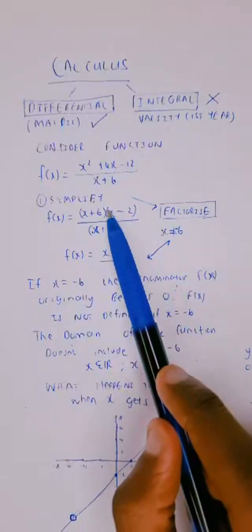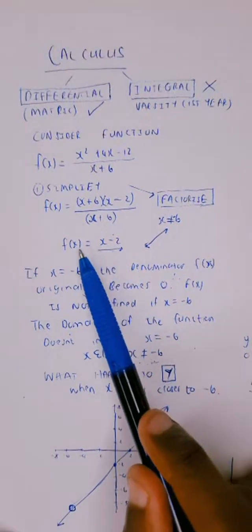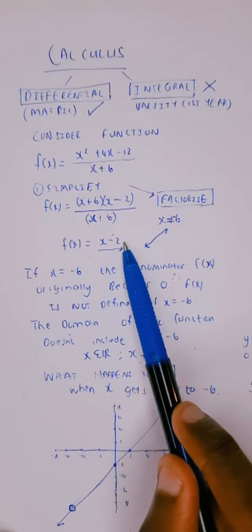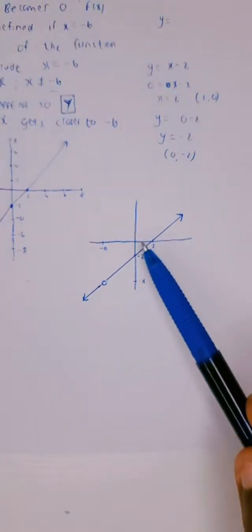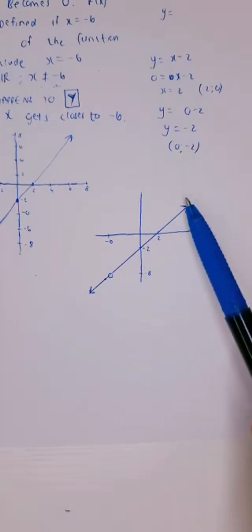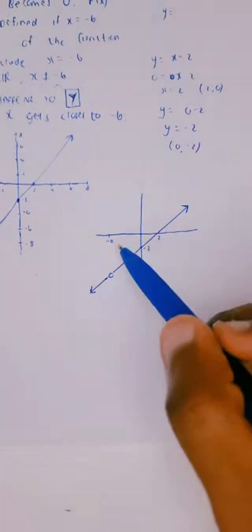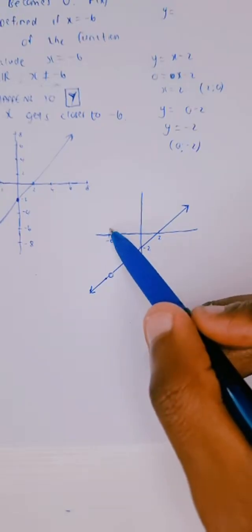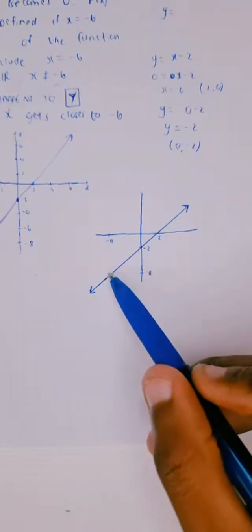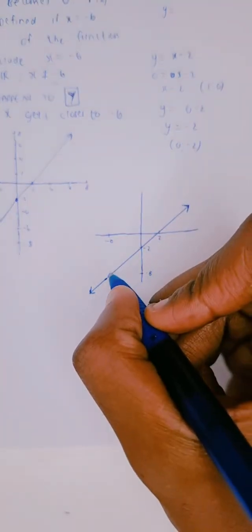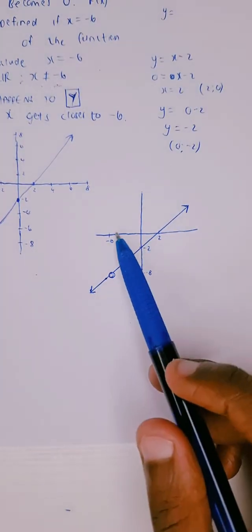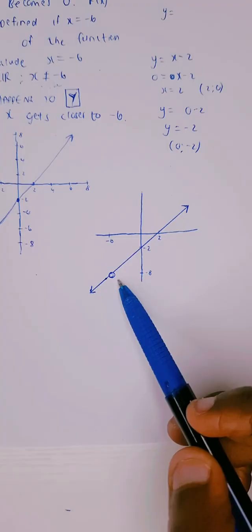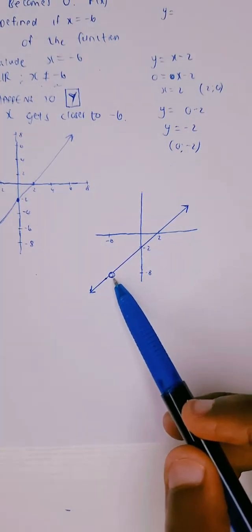Simplifying this function algebraically gives us f of x is equal to x minus 2. We know that this is a straight line function. It can be drawn as a straight line, but where x is equal to negative 6 the function is not defined, which is why we put an open dot where x is negative 6.